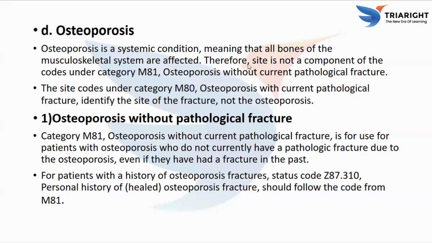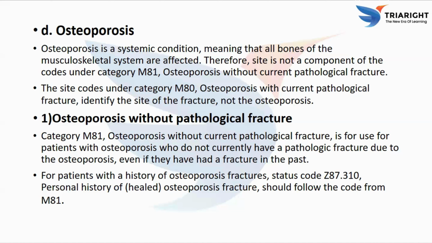So osteoporosis itself does not have a specific site. Because it affects all the bones, the code does not specify whether it is a right arm, a left arm, a hip or spine, etc. The site only matters if there is a current pathological fracture. If there is a fracture now, you shift to M80, and the site describes the fracture location, not the osteoporosis.